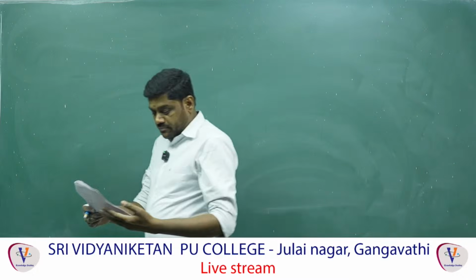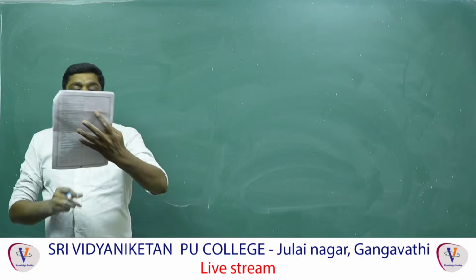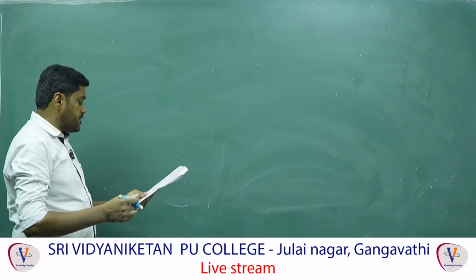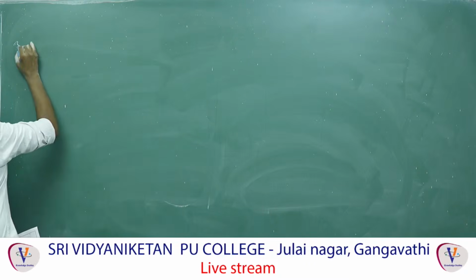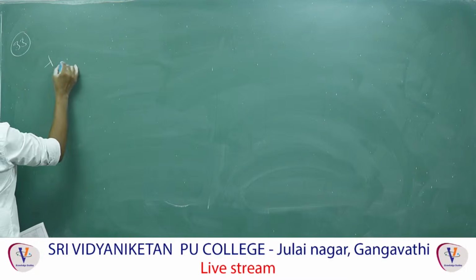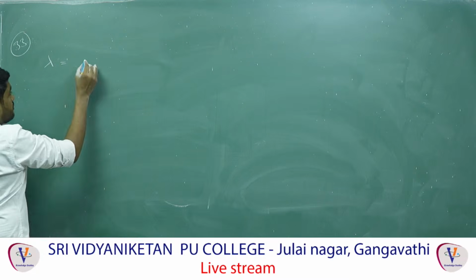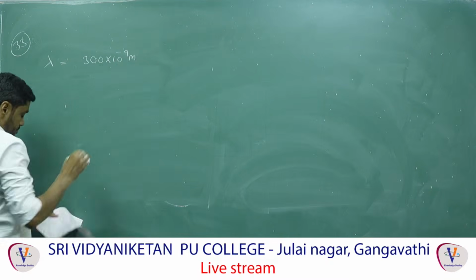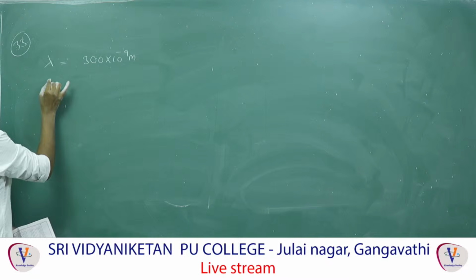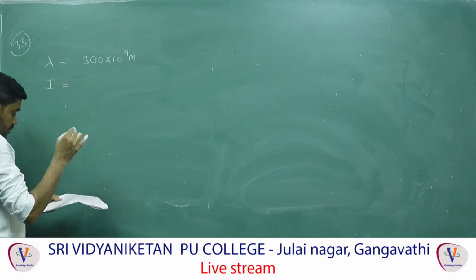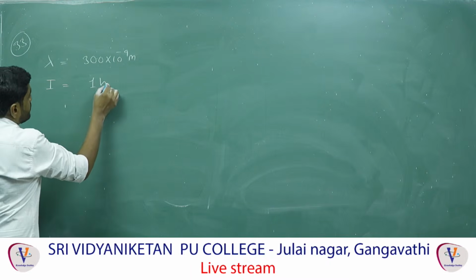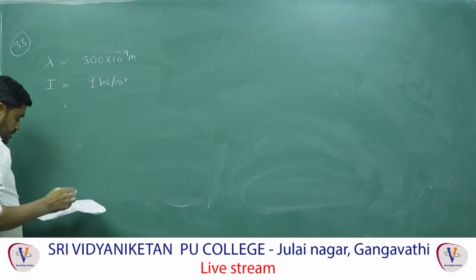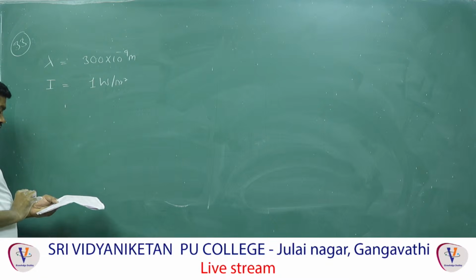Question number 33. Ultraviolet light of wavelength, right? Let us take the data first. Wavelength lambda is equal to 300 nanometer, that means 10 power minus 9 meter. And intensity I is 1 watt per meter square. It falls on the surface of the photoelectric cell.